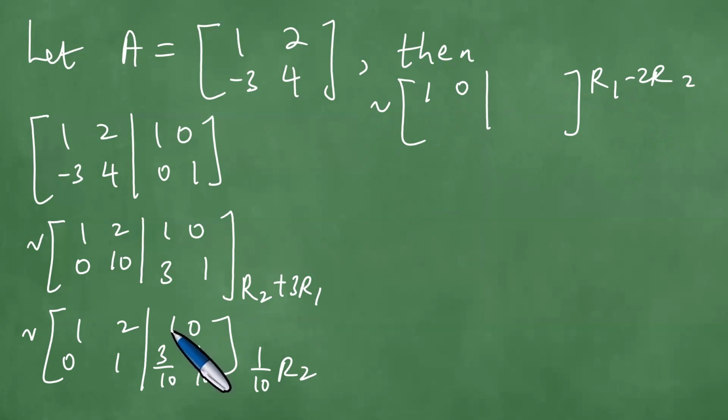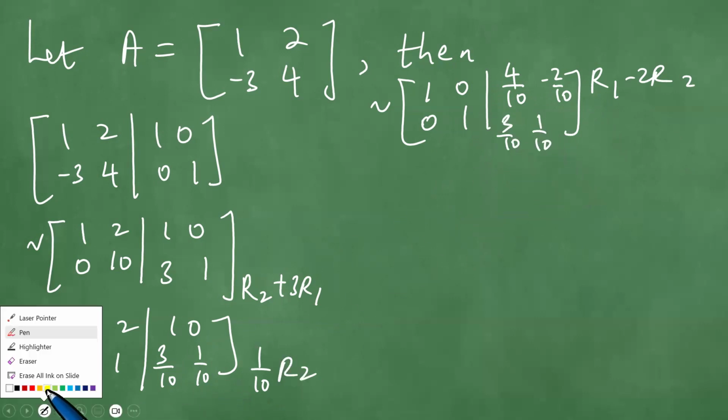So that 1 minus 6 out of 10 is like 10 out of 10 minus 6 out of 10, giving us a 4 out of 10, like so. And we also have minus 2 by this entry, which is minus 2 out of 10. Combined with the 0 it is minus 2 out of 10. And this is 0, 1, 3 out of 10, 1 out of 10.